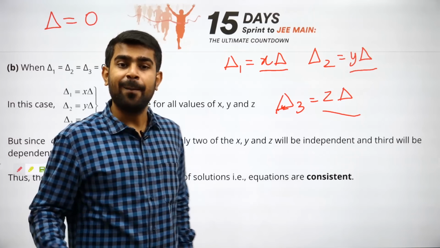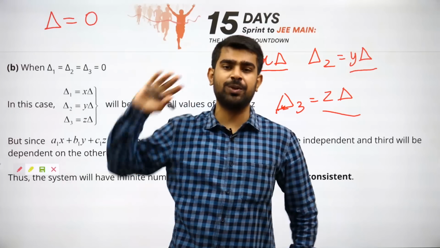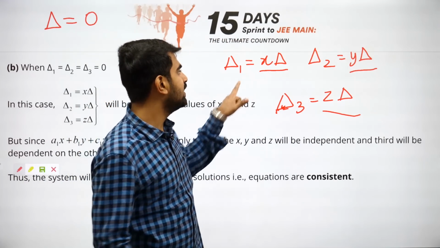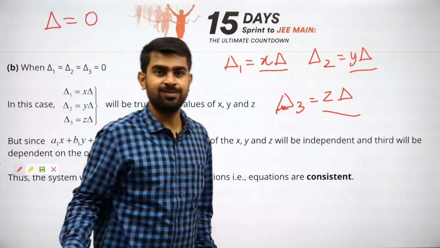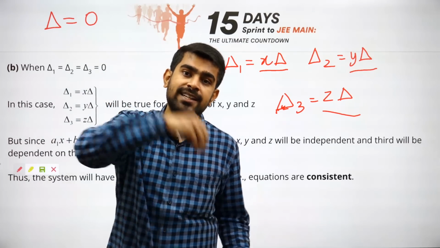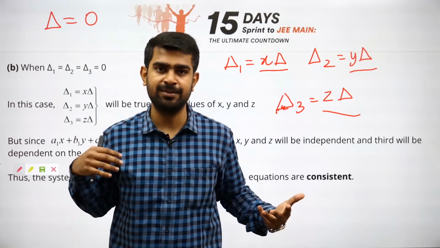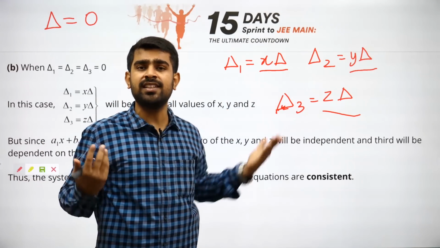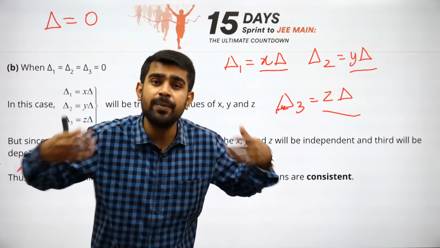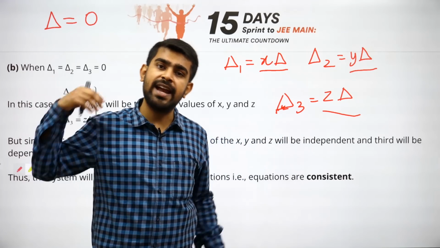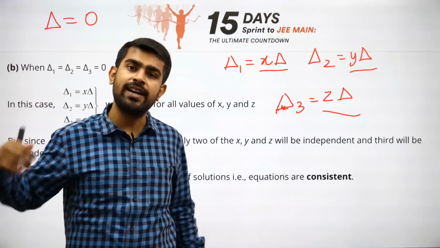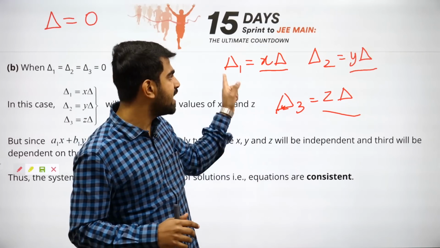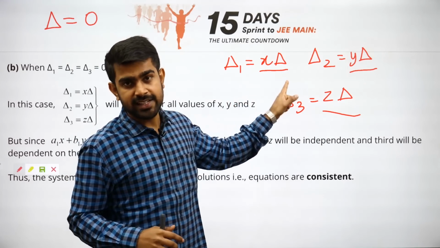Now, in this case, my delta 1, delta 2, delta 3 are also 0. So what does that mean? That means 0 is equal to 0. So before I even think of x, y and z, it is already satisfied. My LHS is equal to RHS. That means it does not depend on x, y and z. Whether you put any value of x or y or z, it is already satisfied, because my left hand side is 0 and my right hand side is also 0.